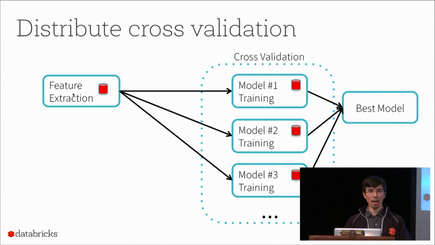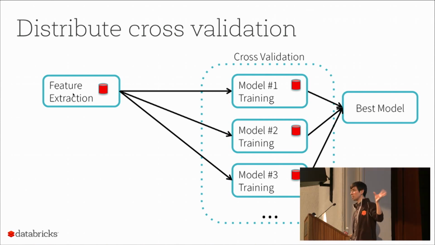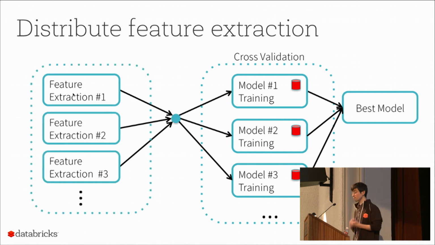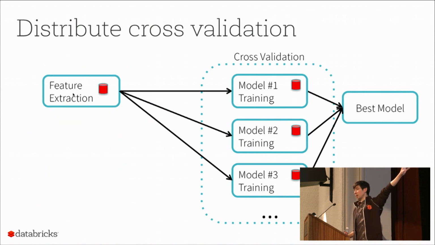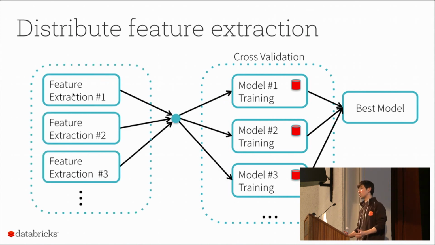I have more notebooks, which will be linked in these slides, but probably don't have time to go through them now, but I'd like to describe what they demonstrate. Basically, as you scale up, you can start to hit other bottlenecks and start to distribute those. The next thing that the notebooks demonstrate is distributing feature extraction, where rather than doing everything on a single node, you may have a complex set of algorithms and want to split it up across different nodes.